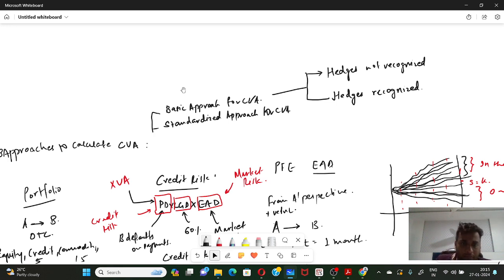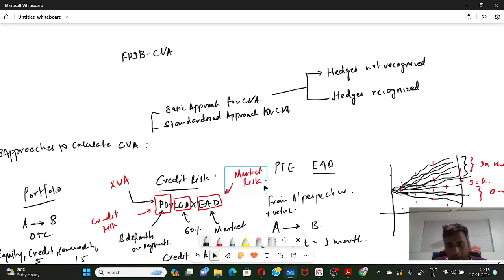So if you say to someone that I have studied FRTB CVA, then I think the first question they'll ask is what are the various ways to calculate CVA under FRTB. At a very high level, the answer is there's a basic approach, which is further subdivided into two parts, where hedges are recognized and where hedges are not recognized. And the second method is the standardized CVA.